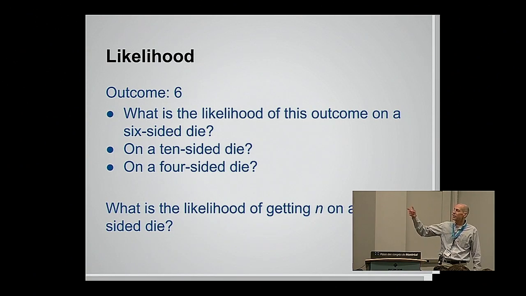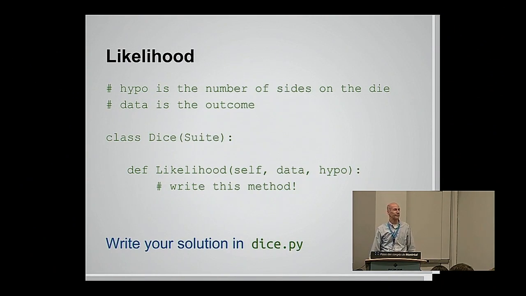So in general, what you are going to figure out is what's the likelihood of getting n on an m-sided die. So take the logic that we just figured out, turn it into Python, and put it into the likelihood function. And I will come around and help if I can.